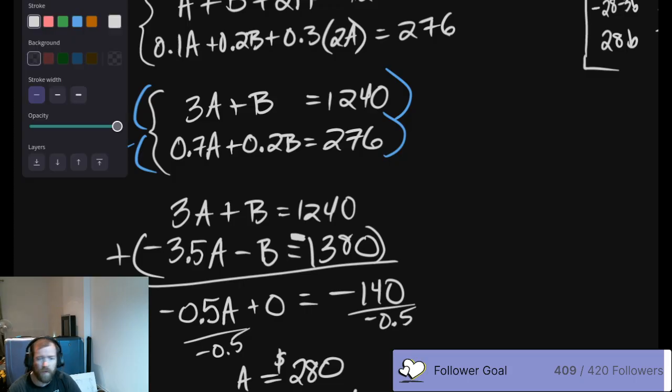I might even go all the way back to the beginning and say a plus b plus c was equal to 1240. So 280 plus b plus 560 equals 1240.